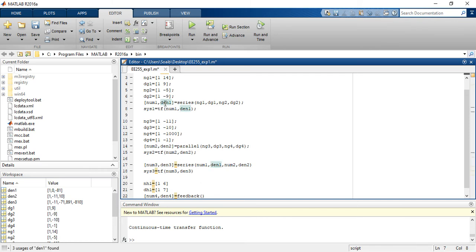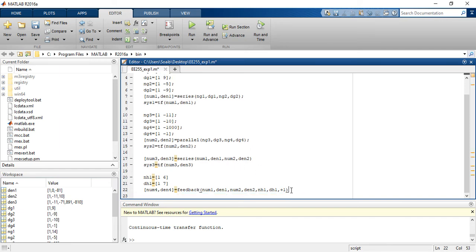That means this series connection, num1, den1, num2, den2, nh1, dh1, comma, and for a positive feedback control system I will use plus 1.